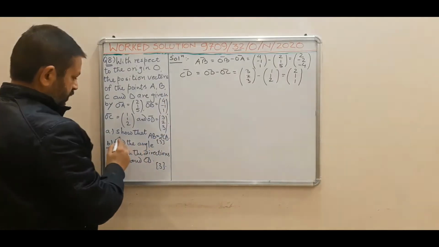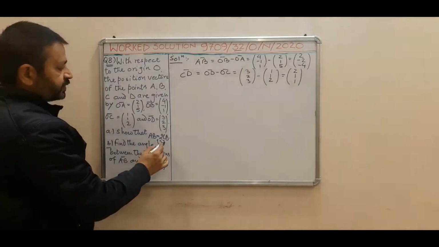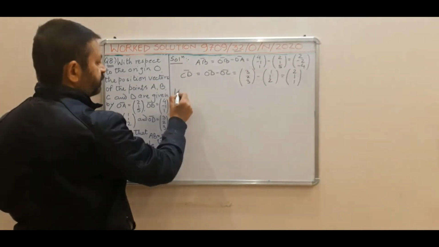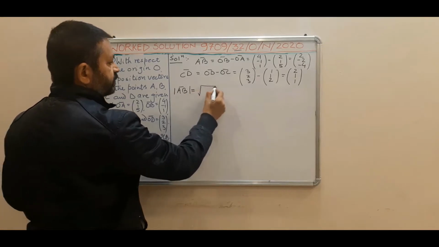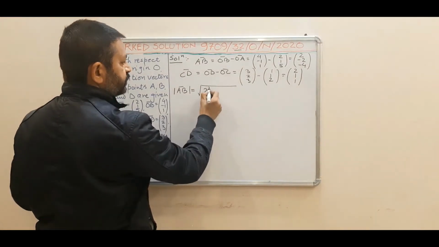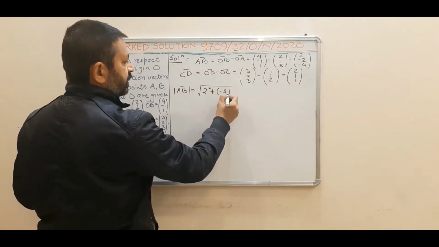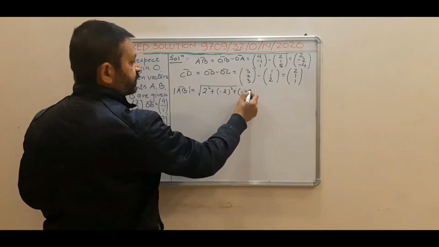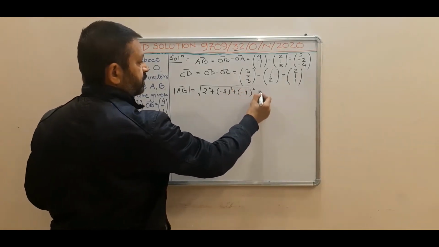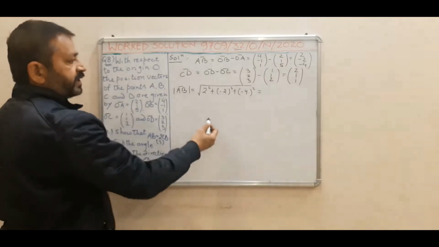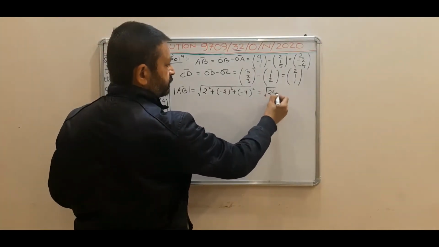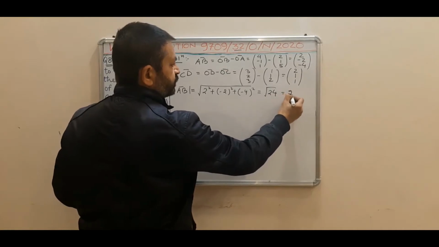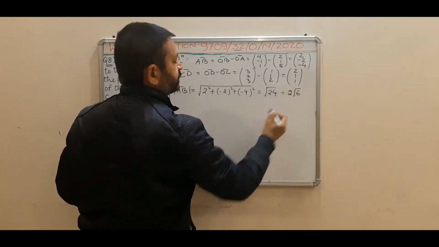Now what we have to show is that AB is equal to twice of CD. So we'll find the modulus of AB, which will be the square root of 2 squared plus (-2) squared plus (-4) squared. 4 plus 4 is 8, 8 plus 16 is 24. Or we can write it as 2 root 6.